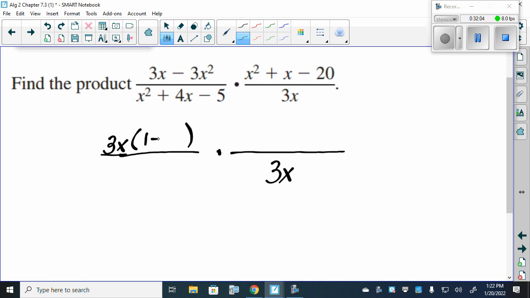Minus, when we factor a 3x out of 3x squared, we're left with x. So since it is x squared and I removed 1 from it, we'll just be left with x.